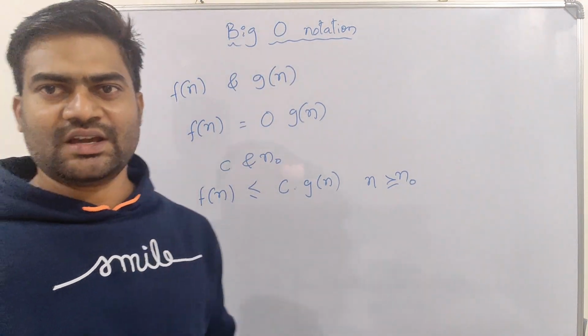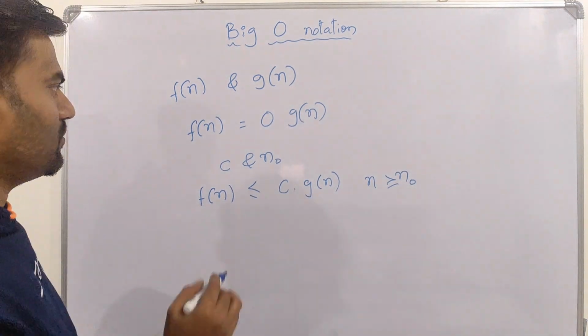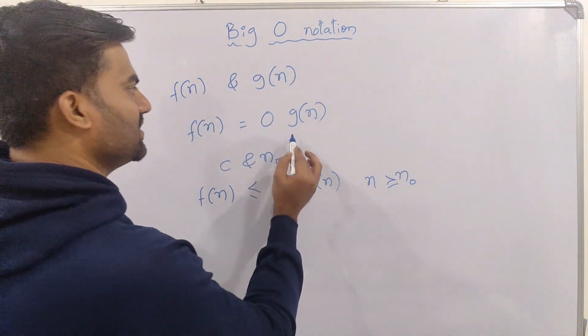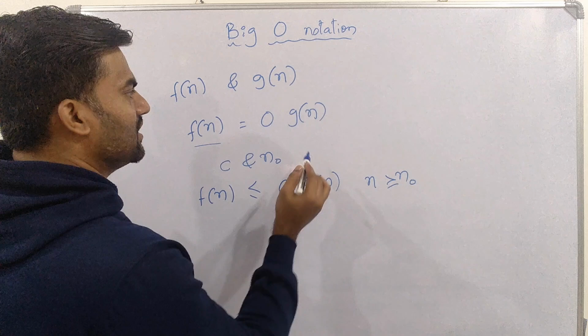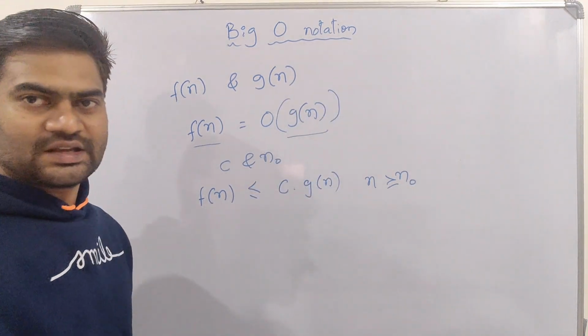This is basically the book definition of big O notation. What it simply says is that f of n does not grow faster than g of n.